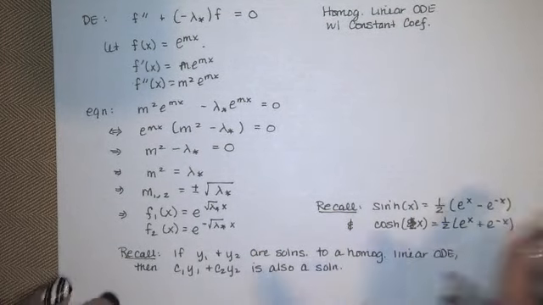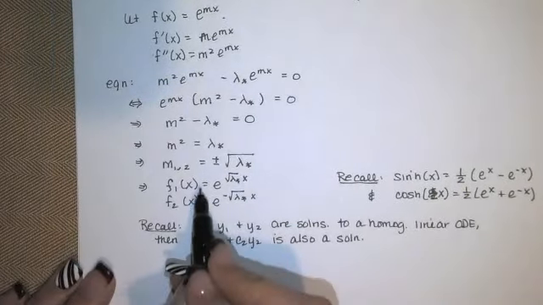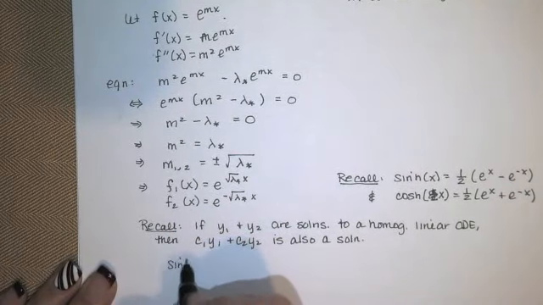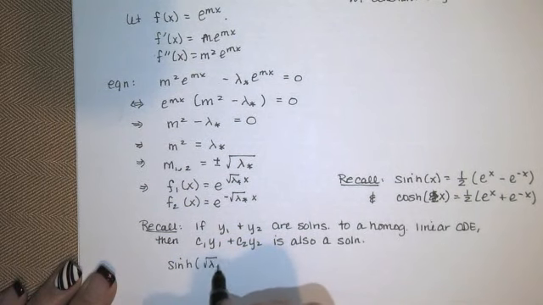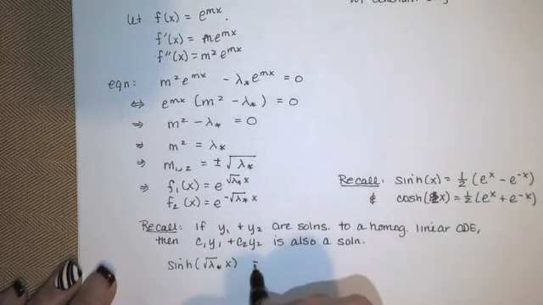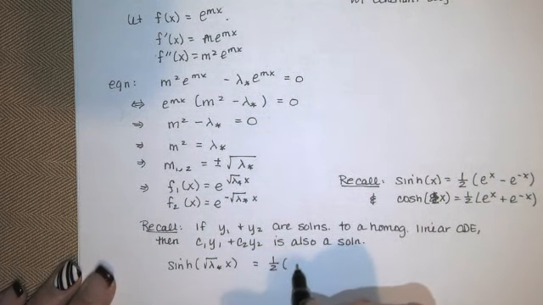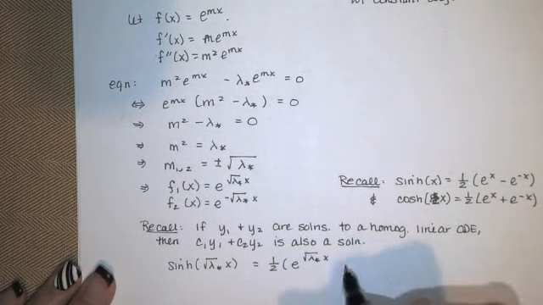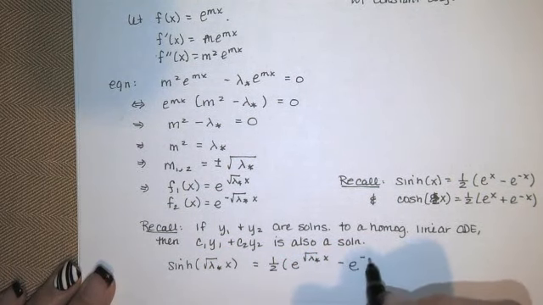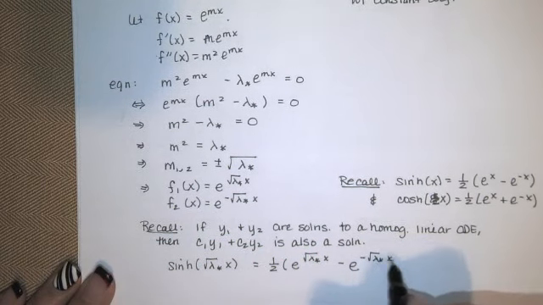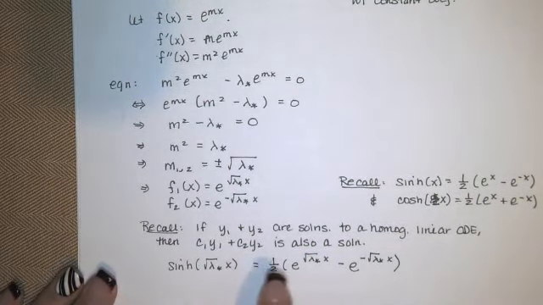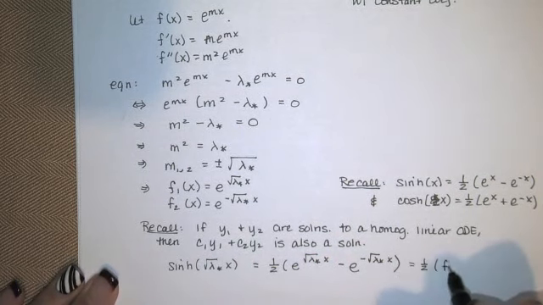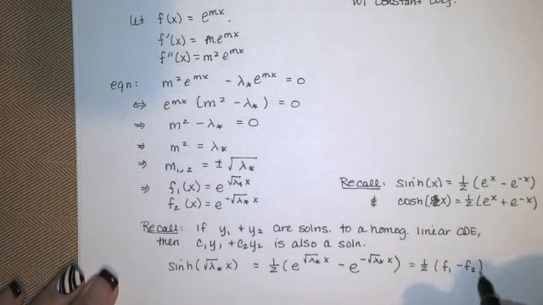Now, since that's true, that means since this function is a solution and this function is a solution, then the hyperbolic sine of square root of lambda sub star times x, which would be 1/2 of e to the square root of lambda sub star times x minus e to the negative exponent there that we derived, that's just 1/2 of the functions f1 minus f2.